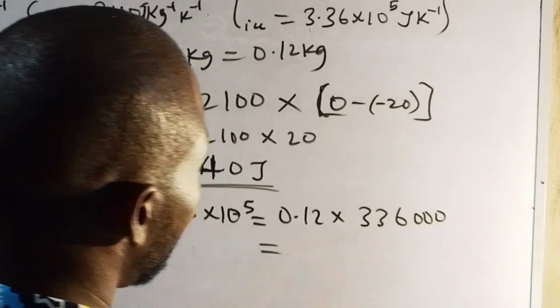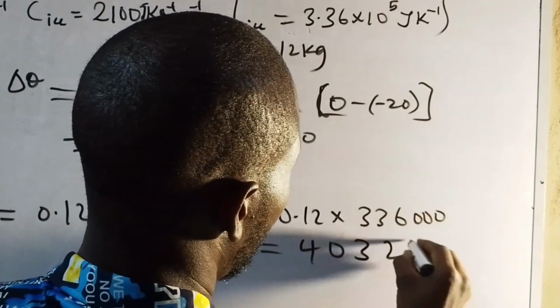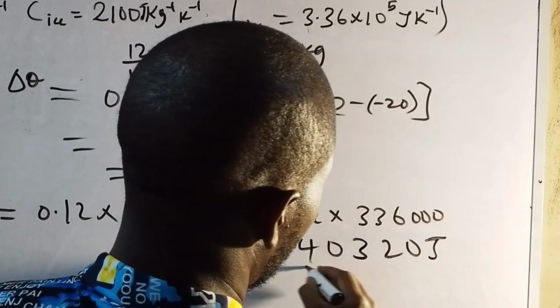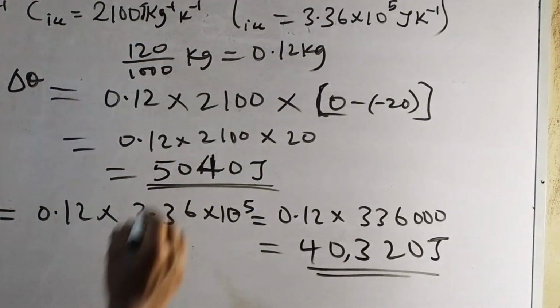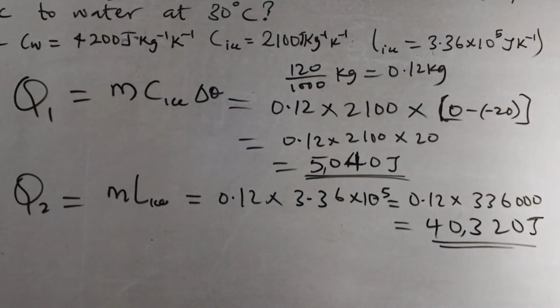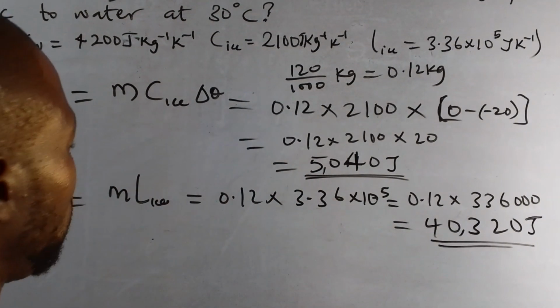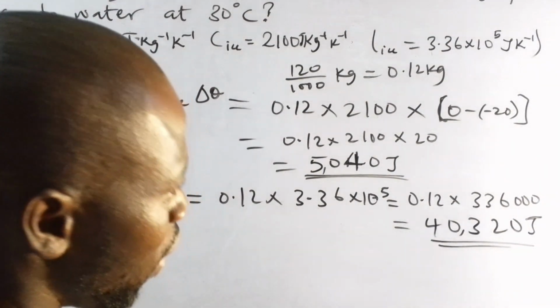And that gives us what? 40320 joules. This is the quantity of heat that will now be required to break it at 0 degrees Celsius. There's no change in temperature because the heat is breaking the intermolecular force.